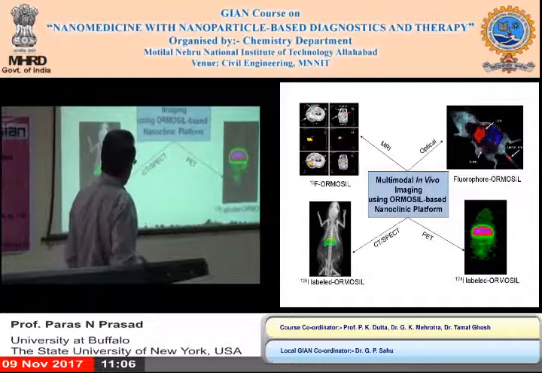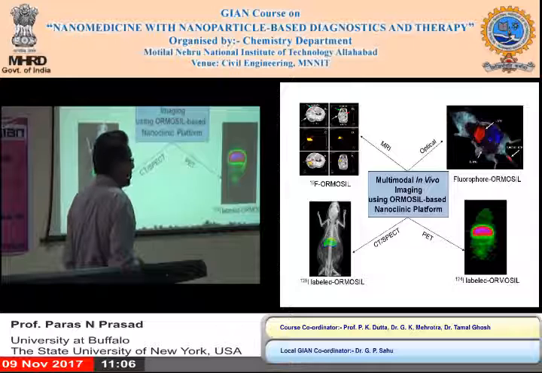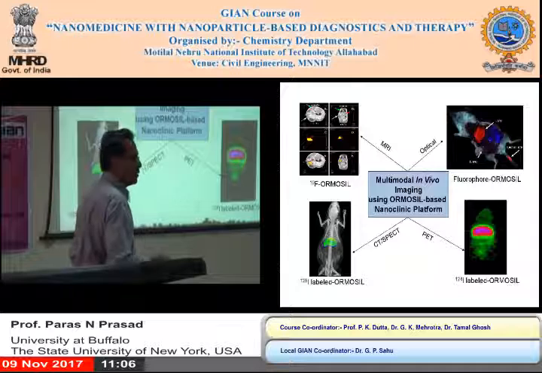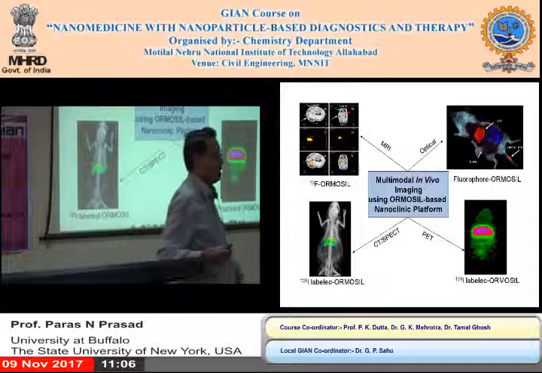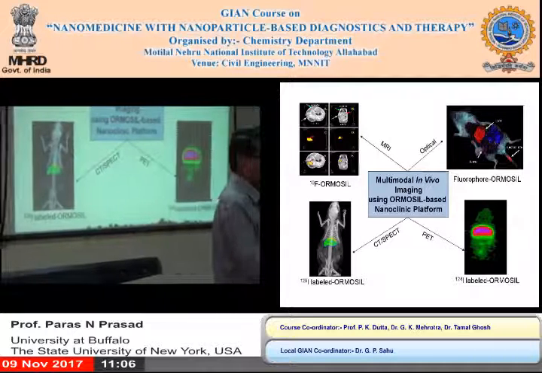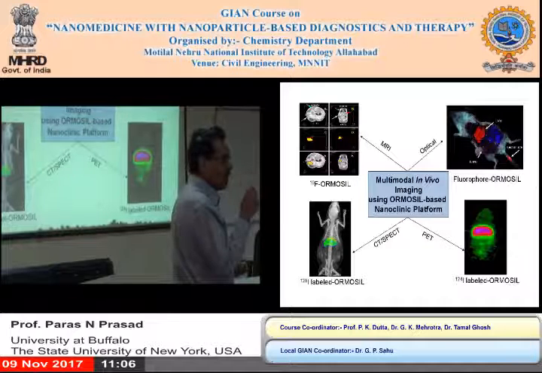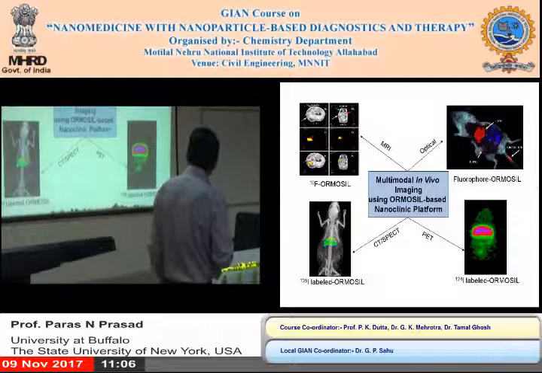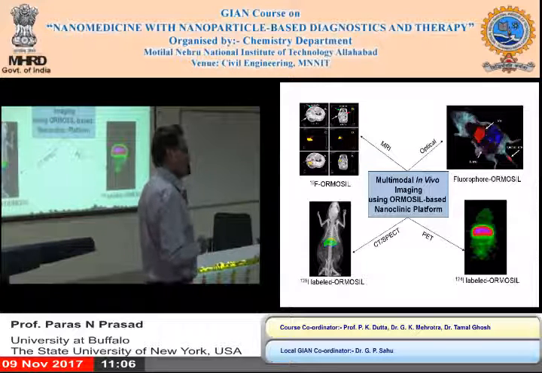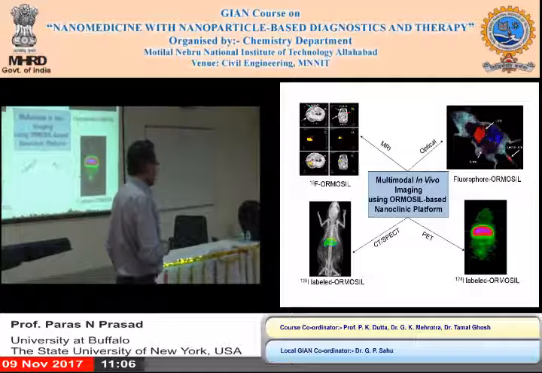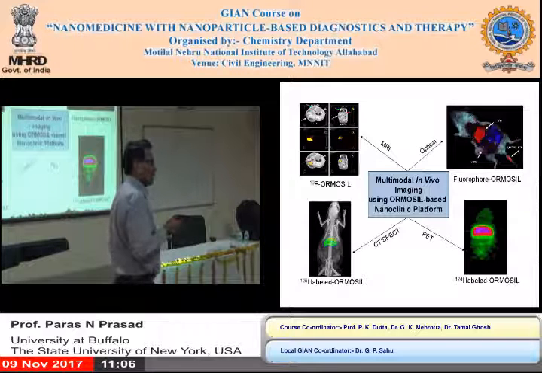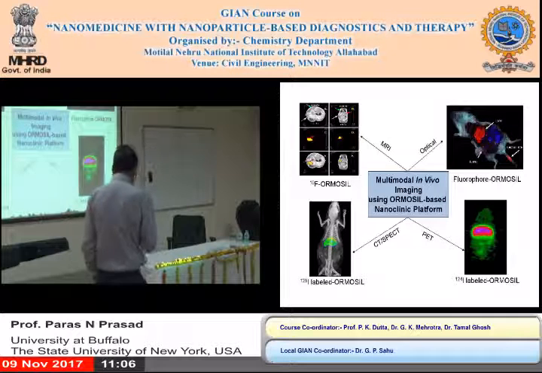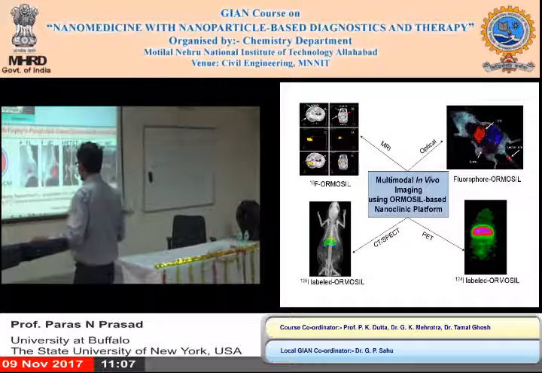Or you can do positron emission tomography, for which you need to have radioactive iodine-124 incorporated. So you have to figure out how you can make an organic structure that can grab iodine after you have made all this. And when it grabs, you want to make sure that what it grabs is radioactive iodine-124, so that your nanoparticle is radioactive, and you can do this imaging.